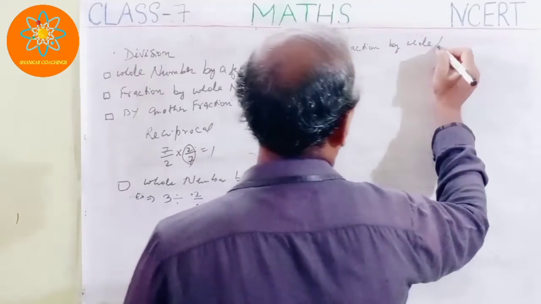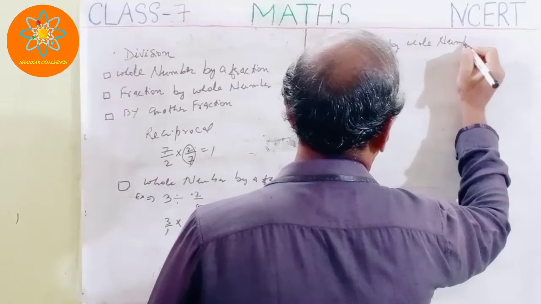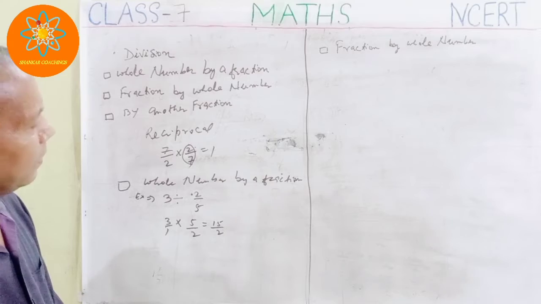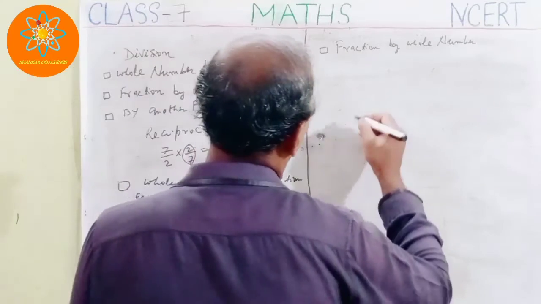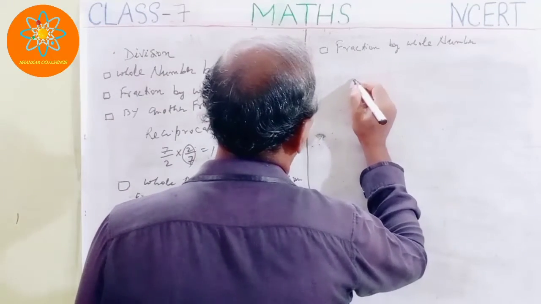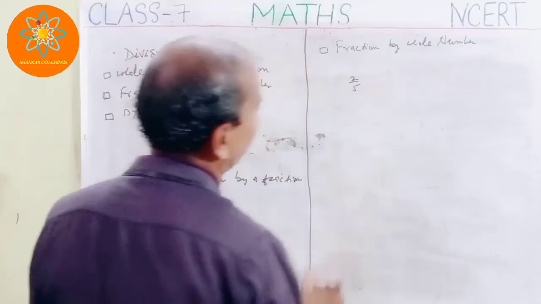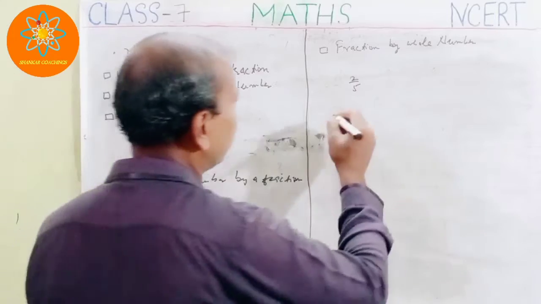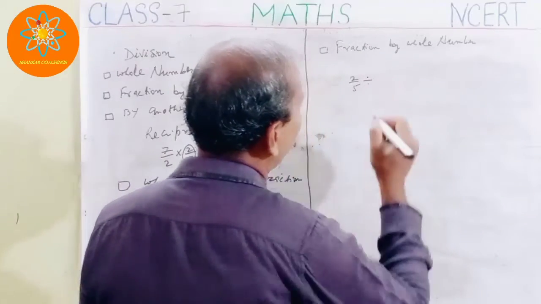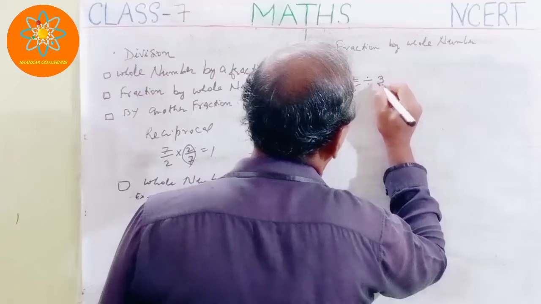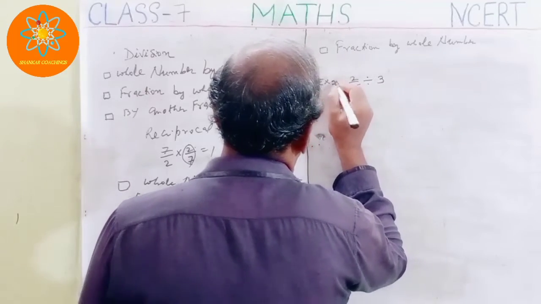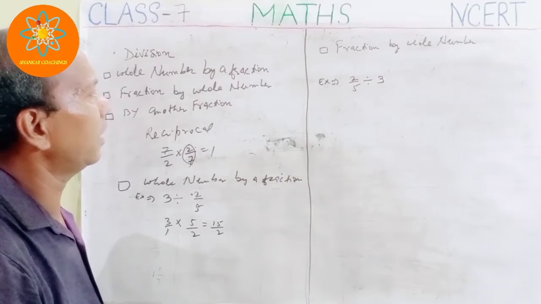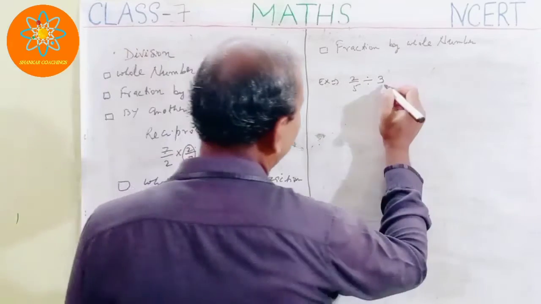Let's suppose I am taking any fraction, let's suppose 2 by 5. It's a fraction, and I am dividing this by a whole number. Let's suppose I am dividing this by 3. So this is the fraction, and I am dividing it by 3, that is a whole number. So I can write it as 3 by 1 also.